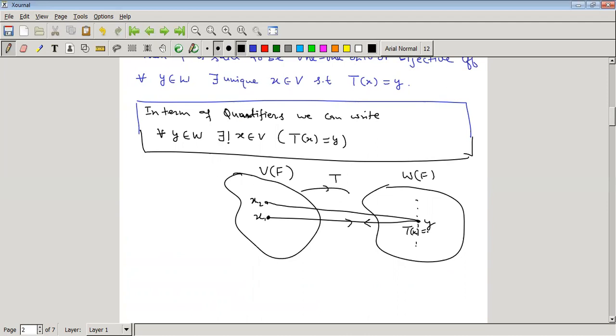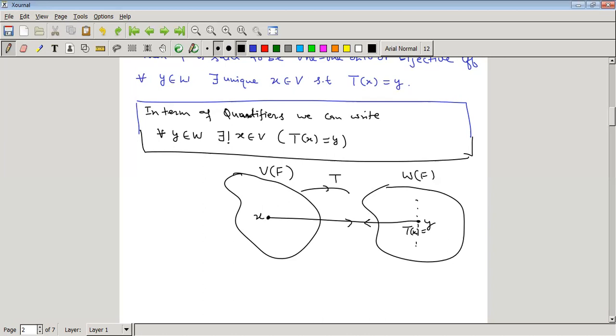If it is not one-one, then it is not bijective. So T is bijective if and only if for all y in W, there exists a unique x in V such that T of x equal to y.